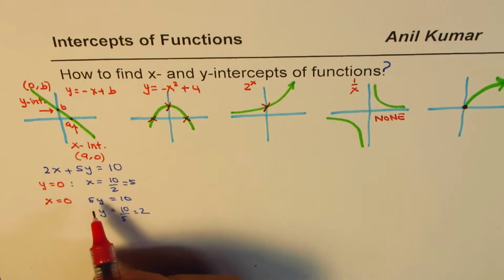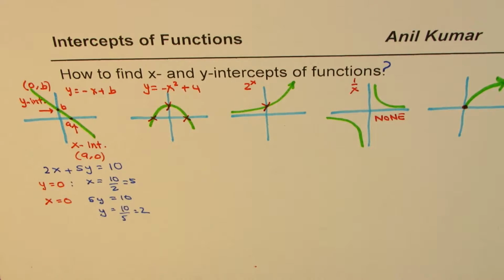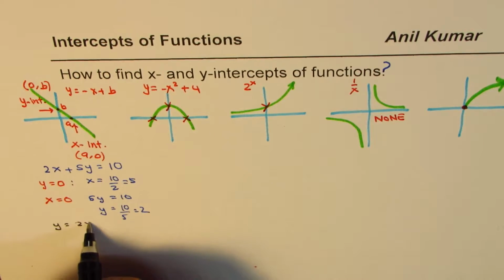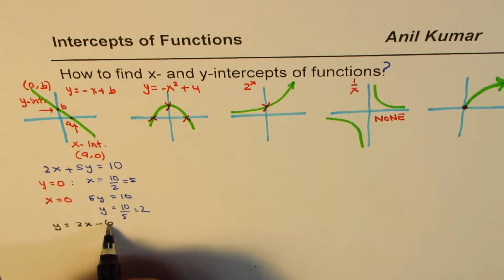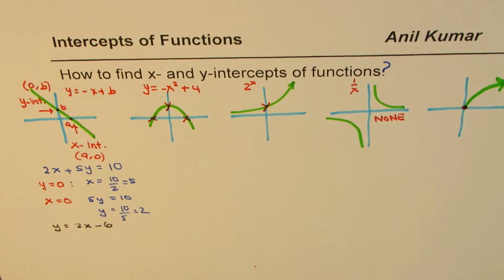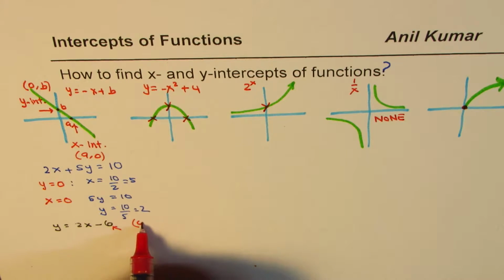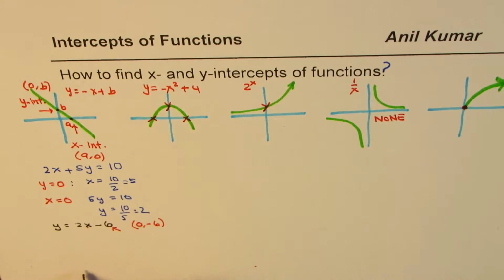Well, you could be given this equation of a line in slope-intercept form also. So you could have the equation y equals 2x minus 6. Now from this form, you can see this is the y-intercept, which is at x equals 0. If I write x as 0, you get minus 6 as the y-intercept.